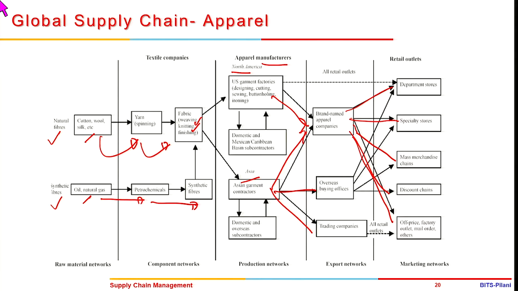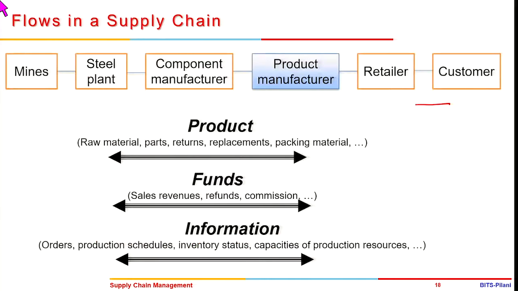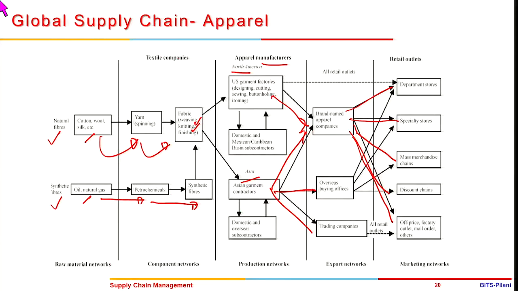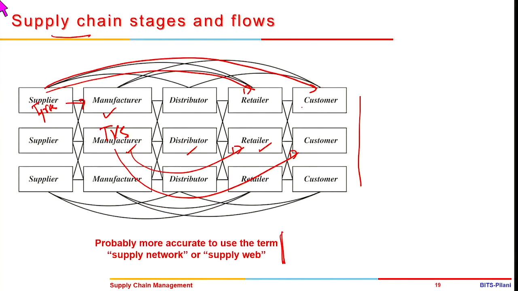Similarly, other entities may also do that. So now you will recognize that a supply chain is not that simple and straightforward, but is more complex, as shown by this particular network. You will find that outputs are going not to one, but to more than one. And inputs are coming not from one, but from more than one.